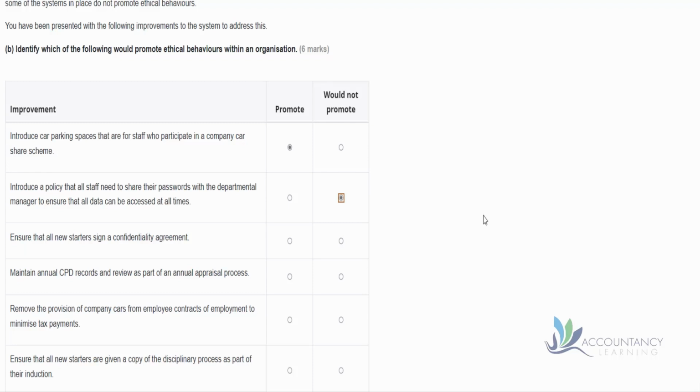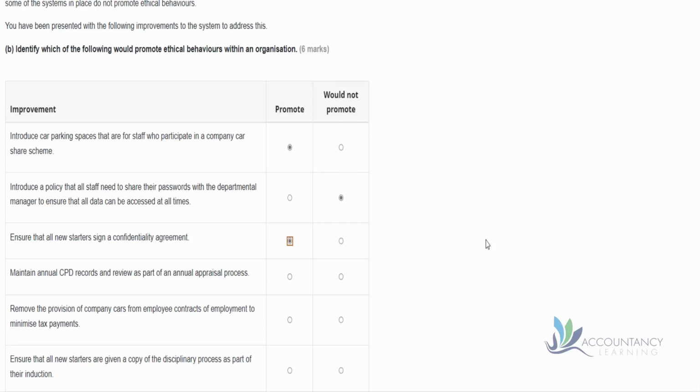So in general, confidentiality agreements are a good thing. And as AAT members, we are required to maintain confidentiality. So despite there being a possibility that non-disclosure agreements would not necessarily be ethical, in this case, confidentiality is one of our fundamental principles. So we should say it would promote ethical behaviour here.